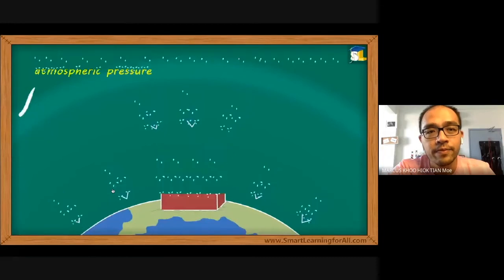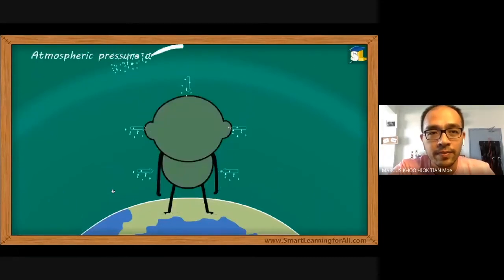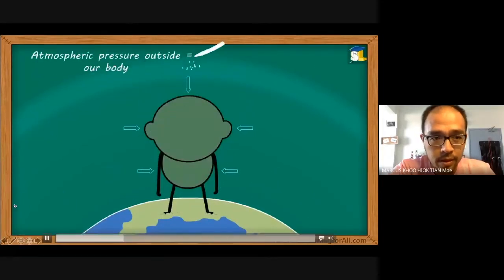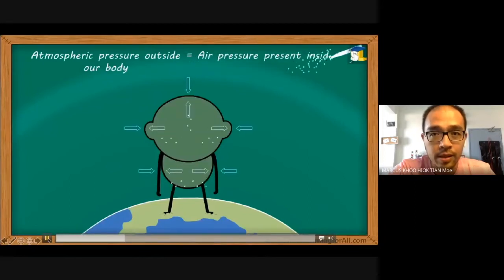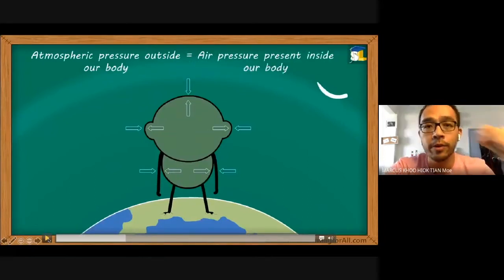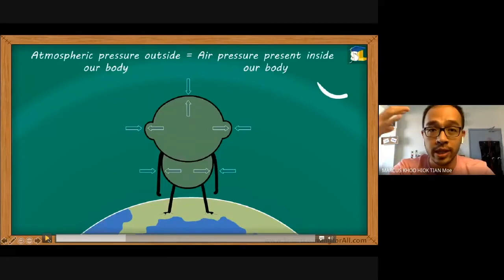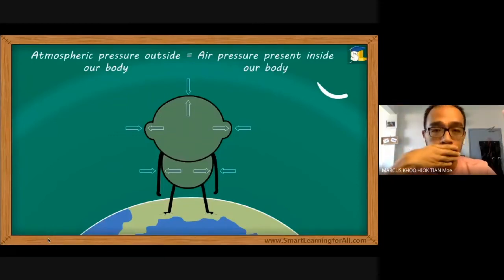You can read it there. Okay, this is a very important thing. So the atmospheric pressure outside our body is balanced by the air pressure and the liquid pressure inside our body. That's why we don't feel anything, because the amount of pressure we bear from the atmospheric pressure balances each other.